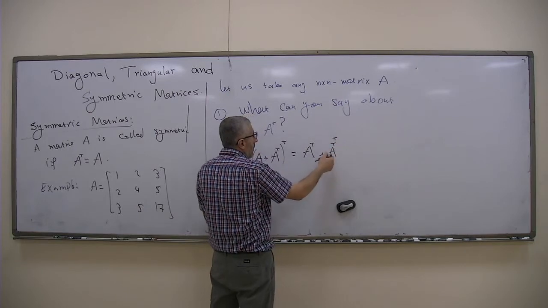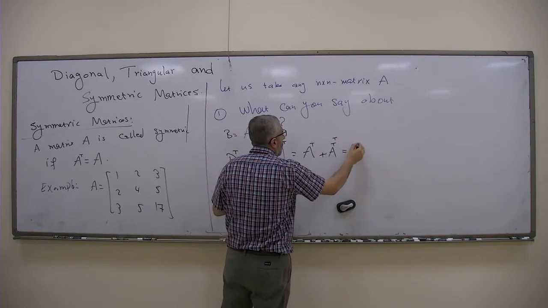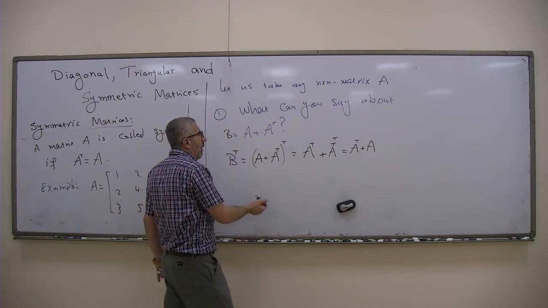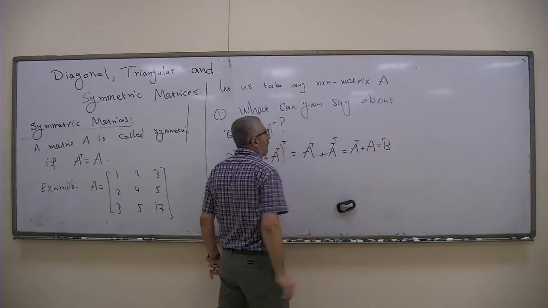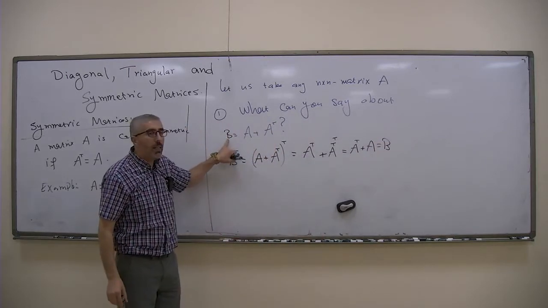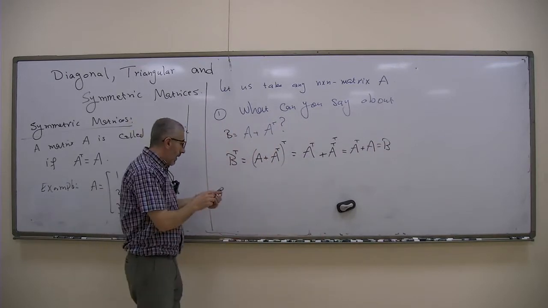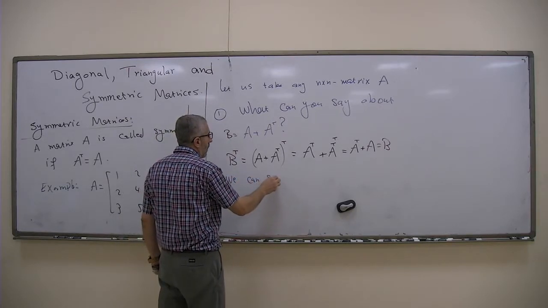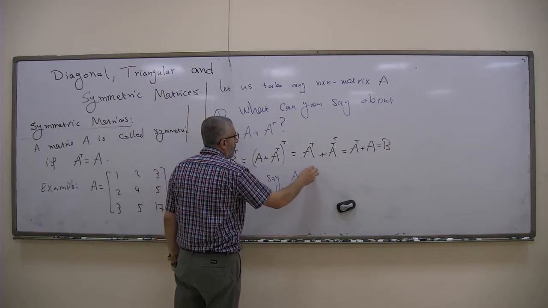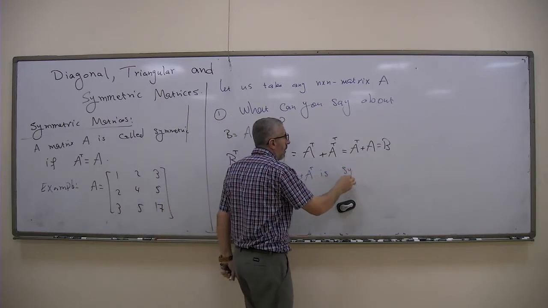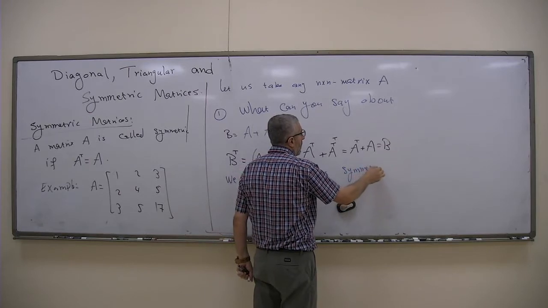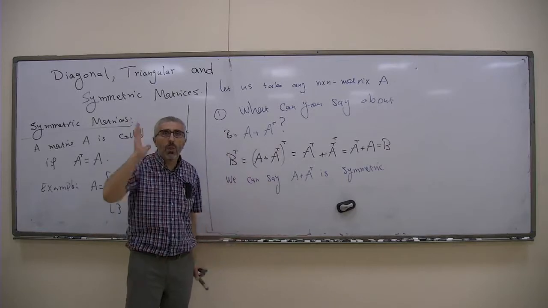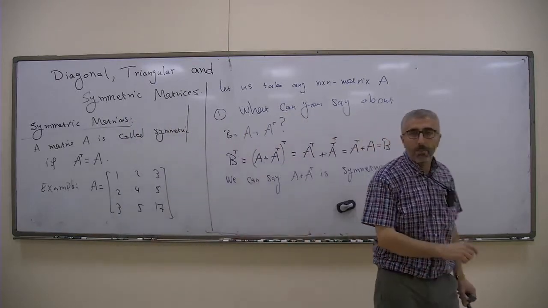The transpose of the transpose, that is A. So this is A transpose plus A, and that is the same as A plus A transpose, which is the same as B. So we can say A plus A transpose is symmetric. So for any square matrix, if you add A to A transpose, you get a symmetric matrix right away. Okay?